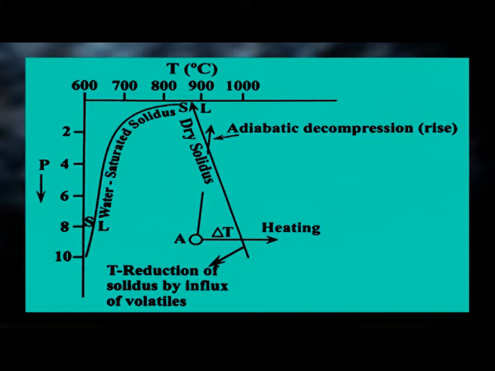Material A is below the solidus and is completely solid. By changing any one of the agents, we can perturb the situation so that melting takes place.